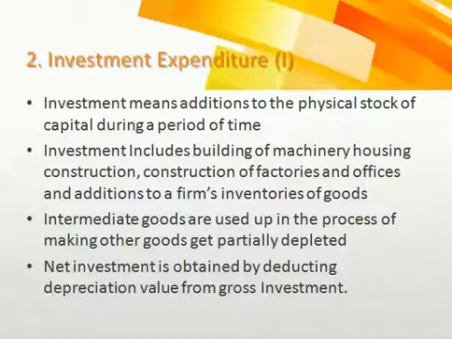If we are manufacturing a building, then we are using many machineries to manufacture those buildings, and those machinery will be worn out. So that will be subtracted in calculating the investment expenditure. And finally, net investment is obtained by deducting depreciation value from gross investment.